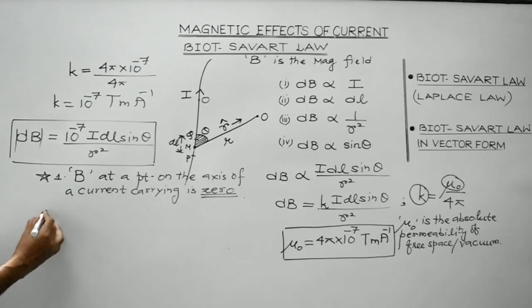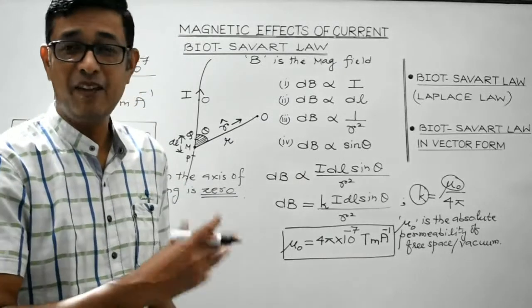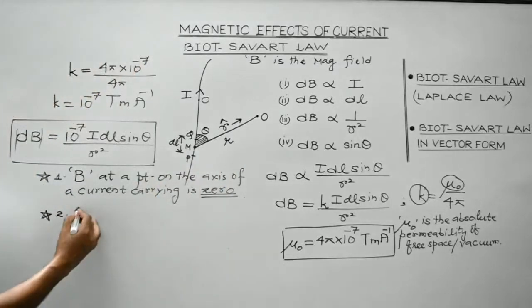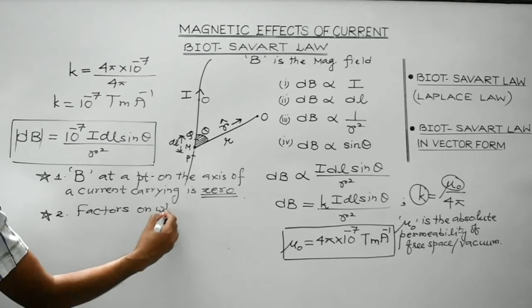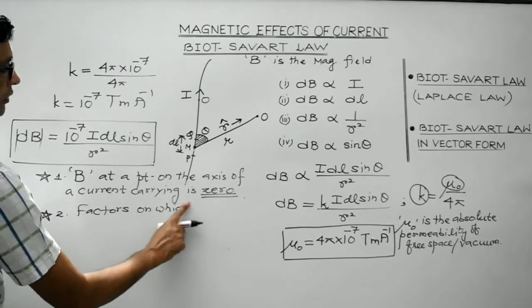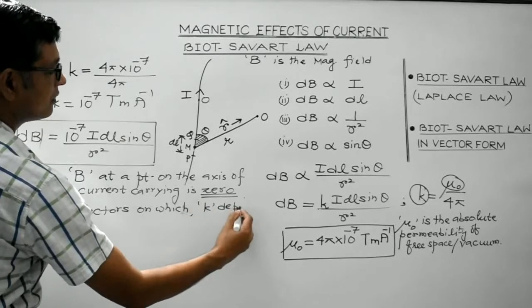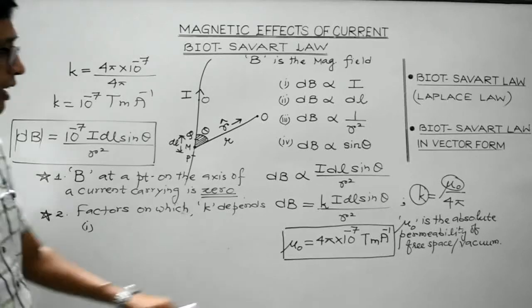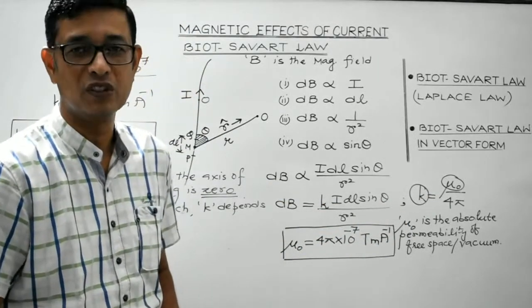And second, students, we need to discuss the factors on which the value of K depends. It's the same as was studied in electrostatics, right? First, the value of K obviously depends upon the system of units so chosen.